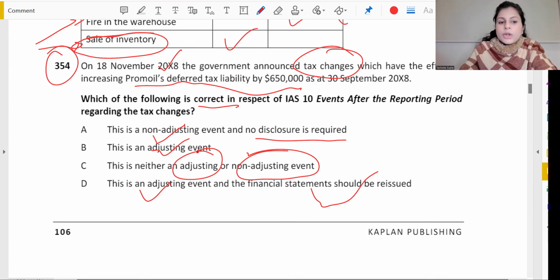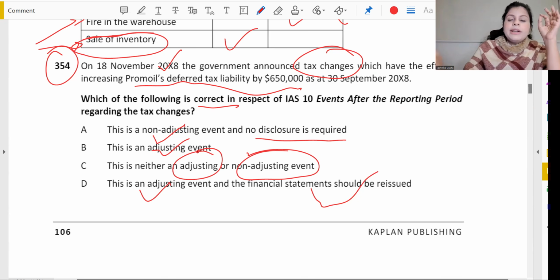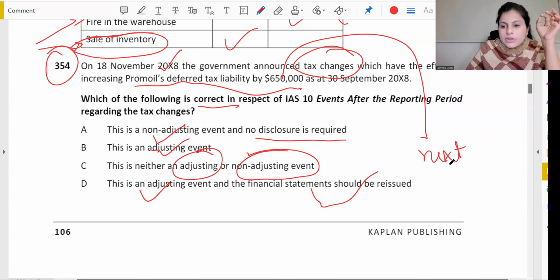Yes, Yashika, it will be disclosed only. Why C? Why neither adjusting nor non-adjusting? See, if your deferred tax liability will change, you change it in the next year, no? It's not impacting your last year's anything.